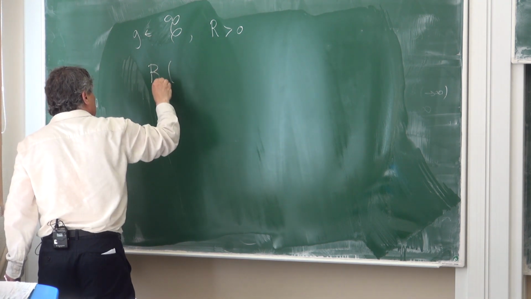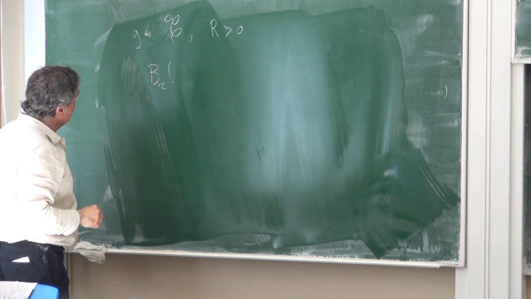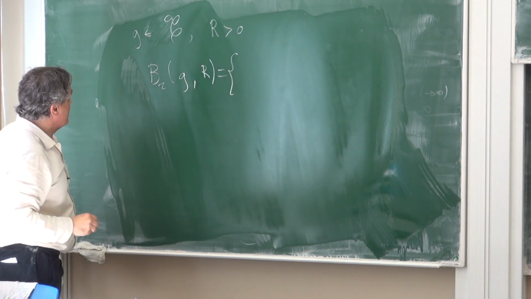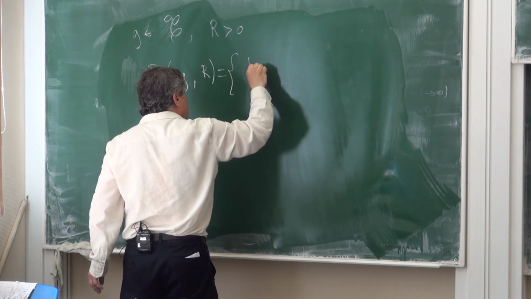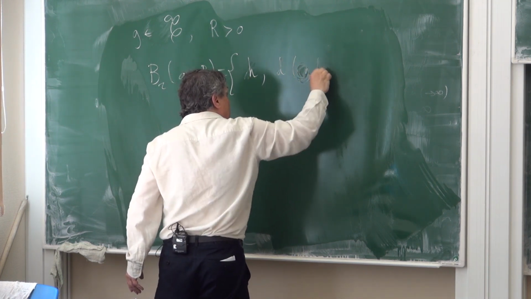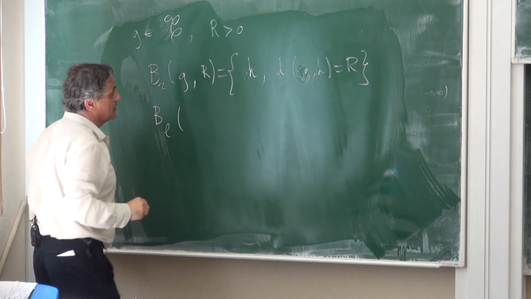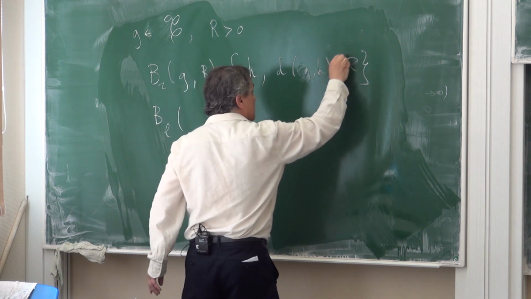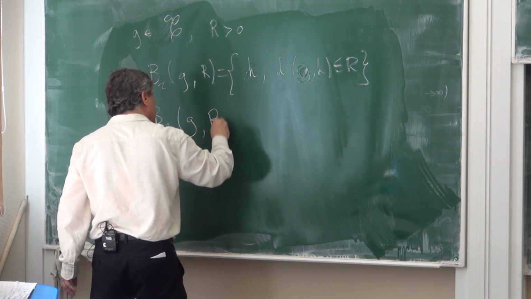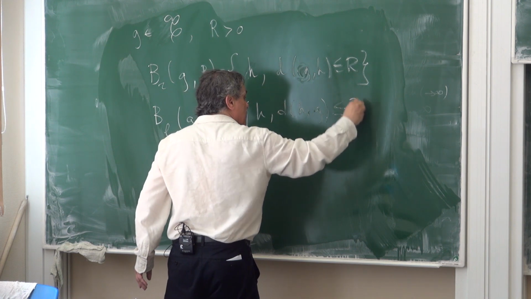Let's call it B right, the right closed ball centered at G and of radius R. This is the set of metrics H, elements of Teichmüller space, such that the Thurston metric from G to H is smaller or equal to R. And the left closed ball is the set of H such that d of H, G is smaller or equal to R.